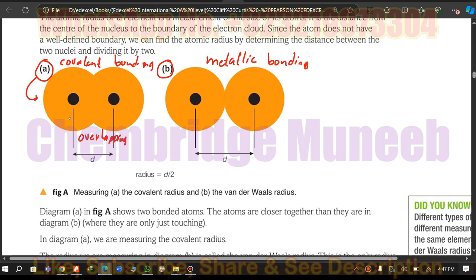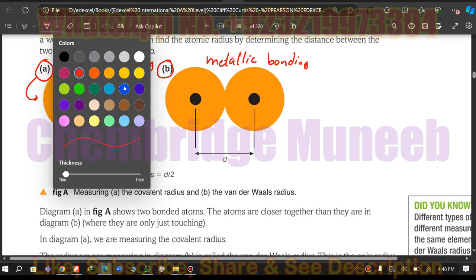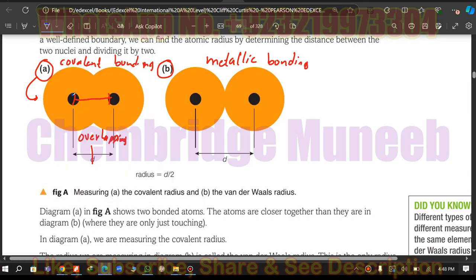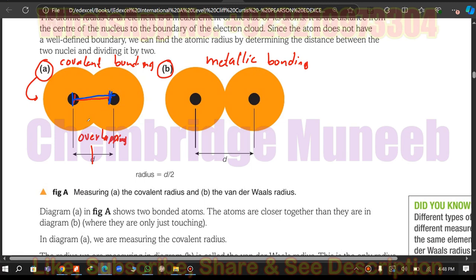The radius of such a bond can be determined by taking half of the distance between these two nuclei. If you take half of this distance, you get the atomic radius. Are you getting my point?